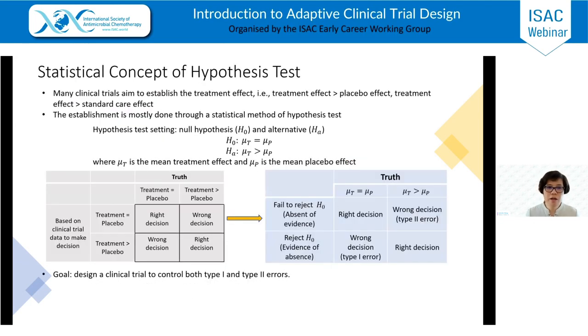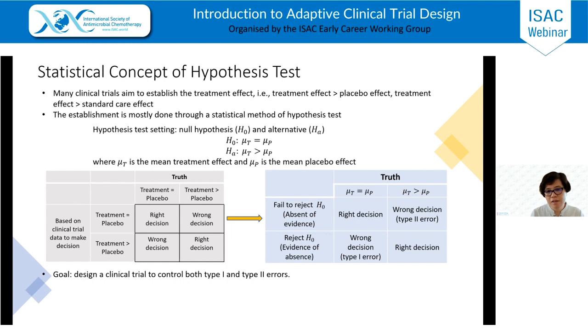I'm going to talk a little bit about the statistical concept of the hypothesis test. This is the fundamental one for most of the phase 3 designs, because there you want to confirm whether there is a treatment effect, whether the treatment is better than the placebo or standard care.